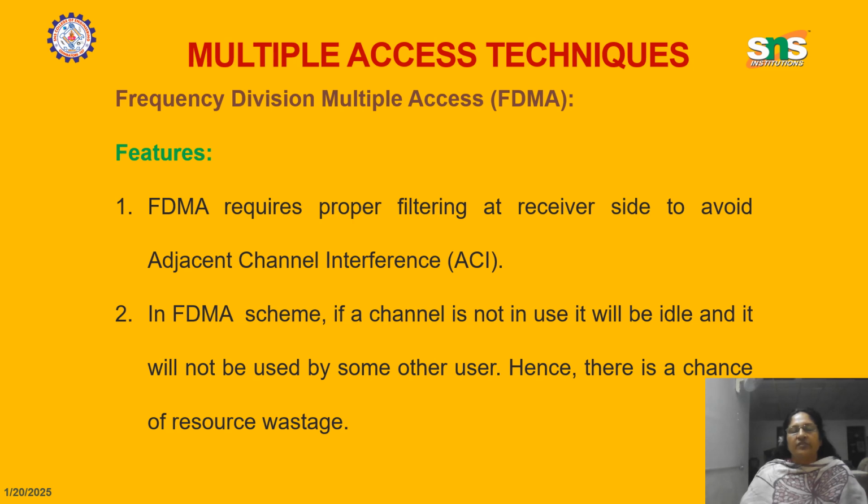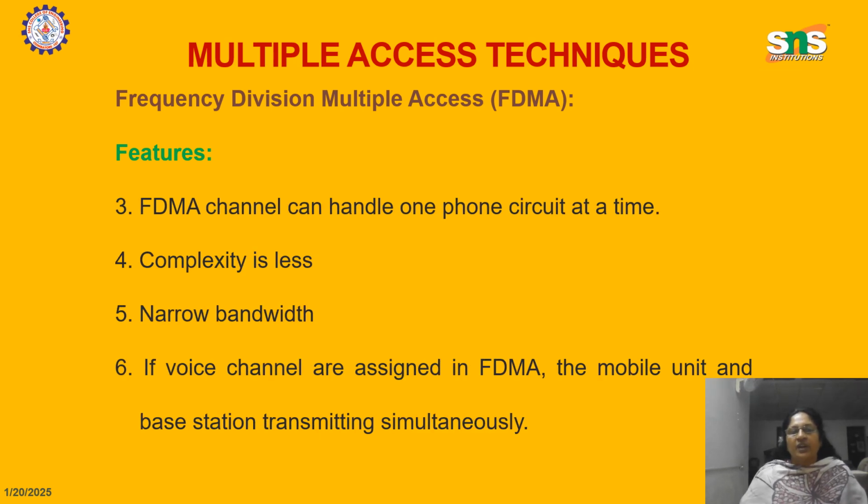The filter should have sharp cutoff frequencies, otherwise one band will merge into the other and result in adjacent channel interference. In the FDMA scheme, if a channel is not in use, it will be idle and will not be used by some other user. Hence, there is a chance of resource wastage.